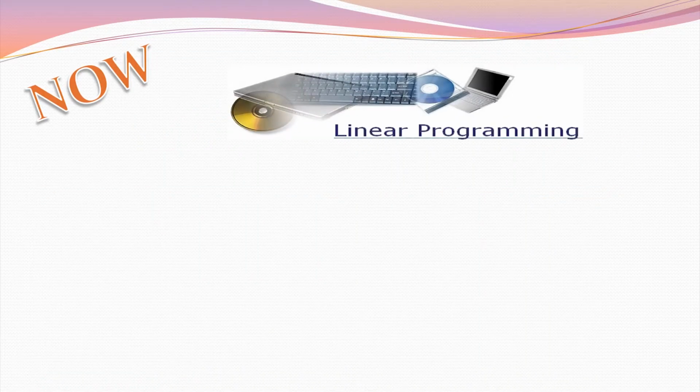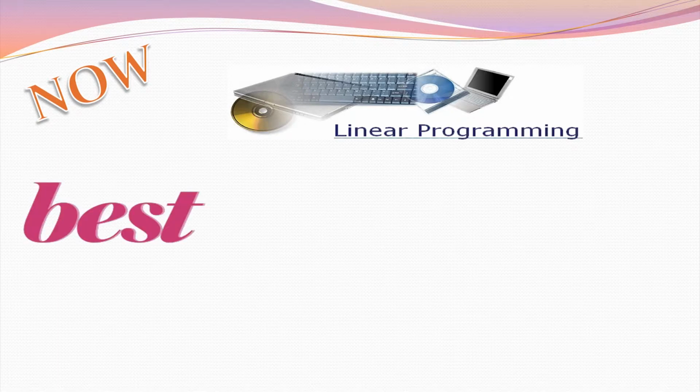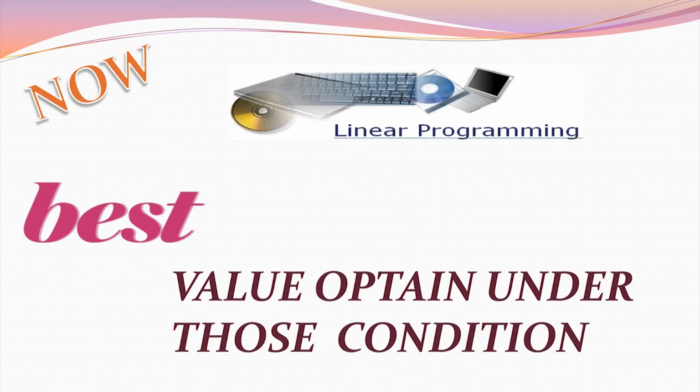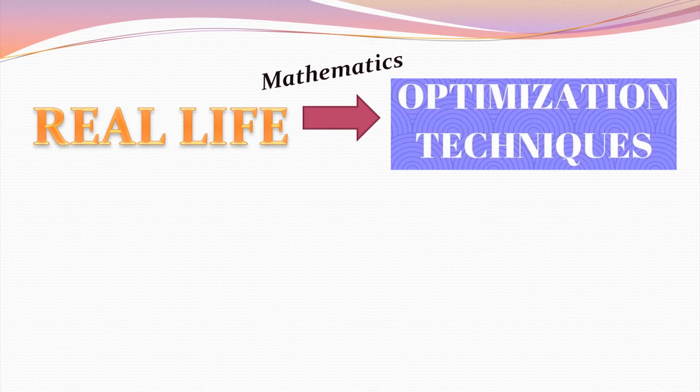Let's now look at linear programming. Linear programming is the process of taking various linear inequalities relating to some situation and finding the best value obtainable under these conditions. In real life, linear programming is part of a very important area of mathematics called optimization techniques.